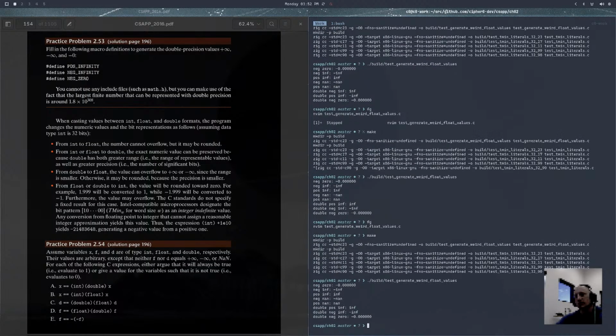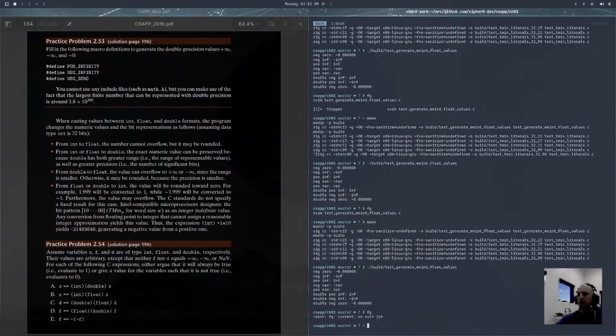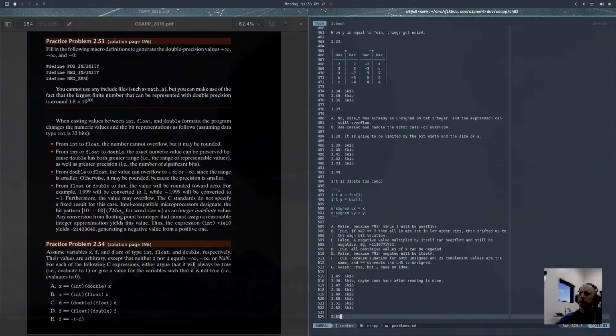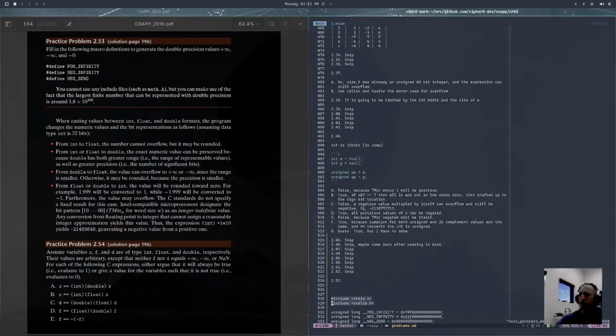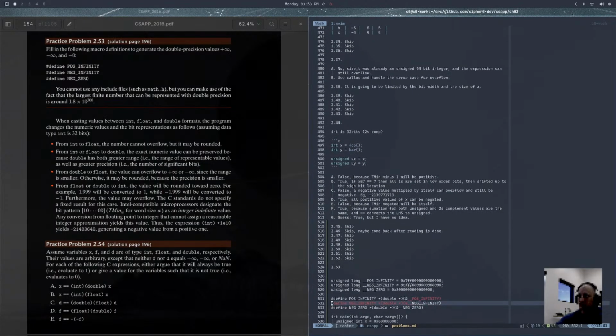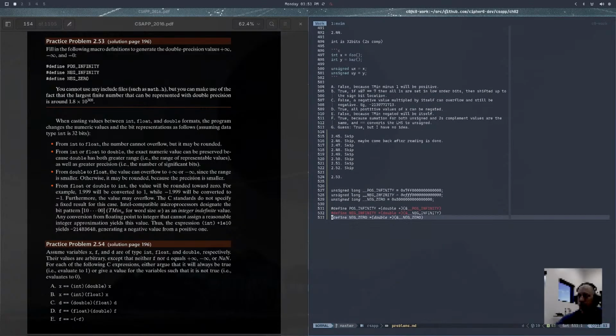All right, so everything's working here. I'm going to open up my problems, go down to the bottom here. I'm just going to read in my test generate weird float values. And I'm just going to take these things at the top here, is what they were asking for.